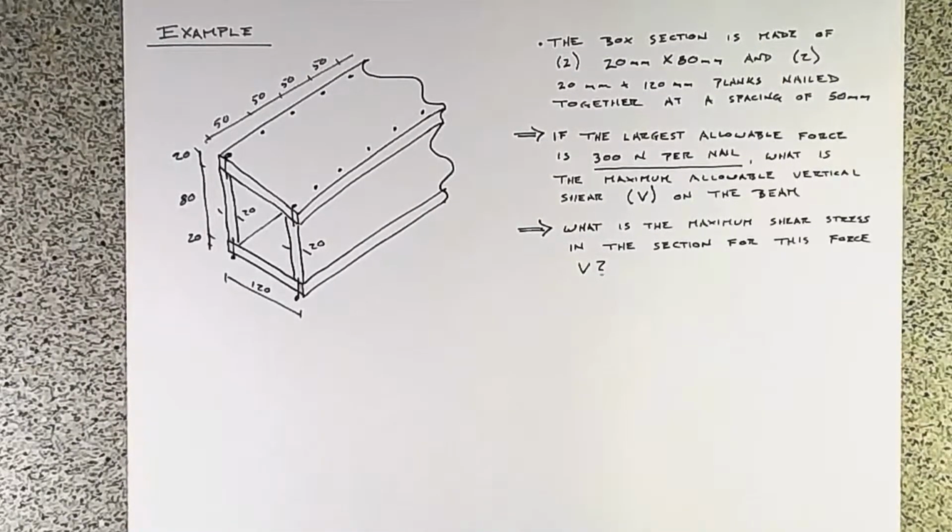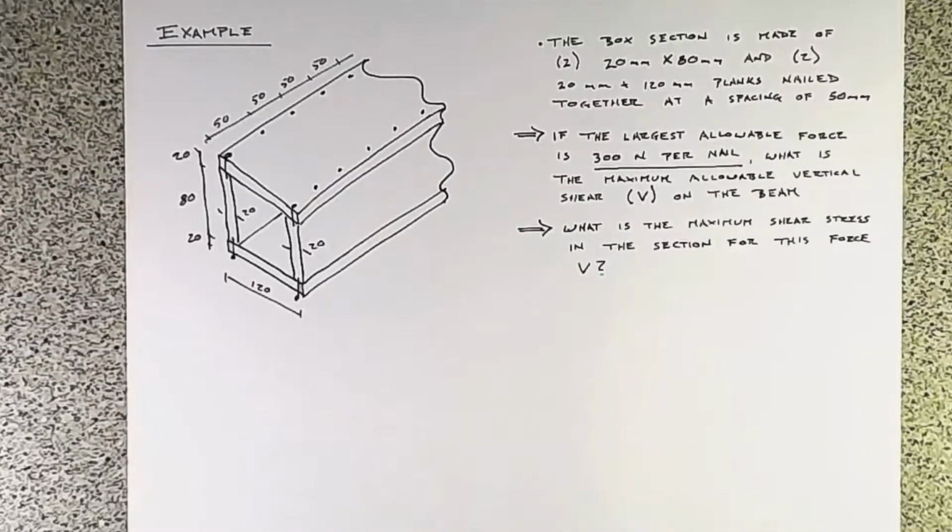So this is essentially working backwards from our previous example. In the previous example, we were given an applied shear load, and then we had to determine the longitudinal shear flow, the shear force per unit length, at a given section.